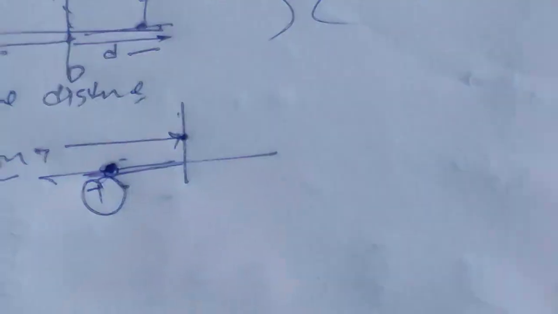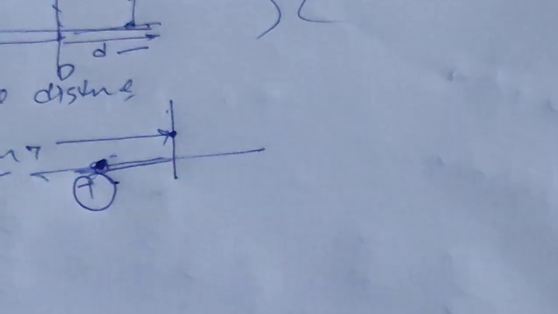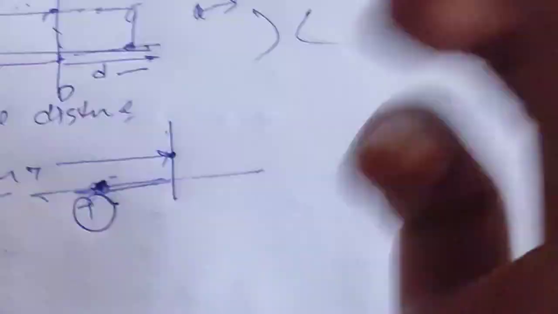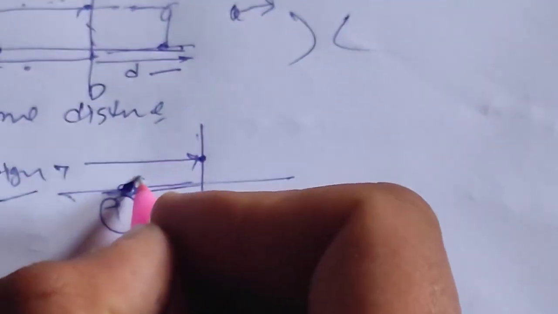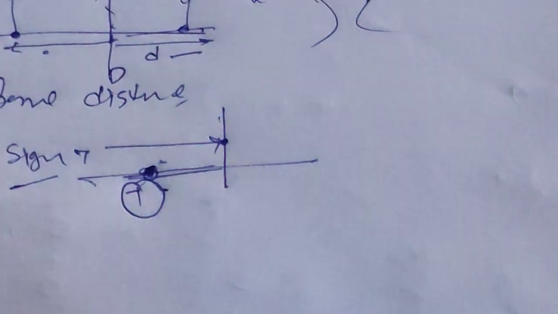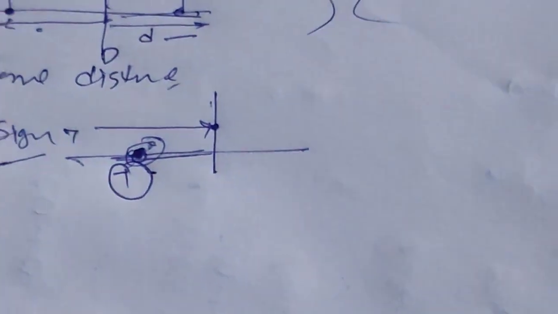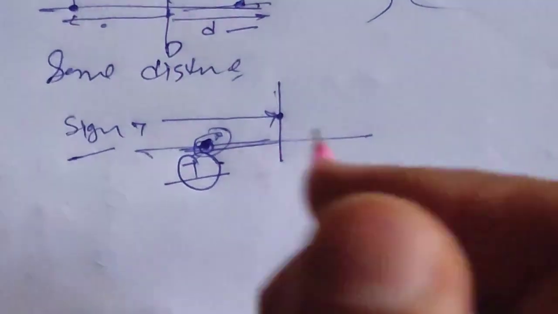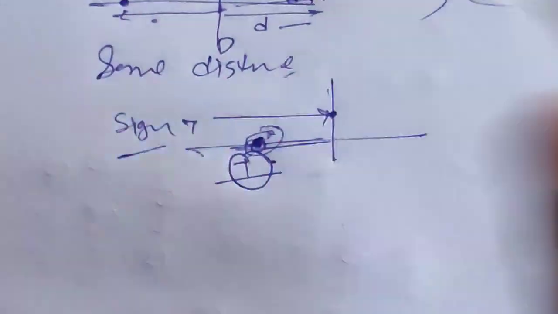Means when the incoming light, in reference to my reflecting surface, comes from the same side as the object, the object is positive, otherwise it is negative.